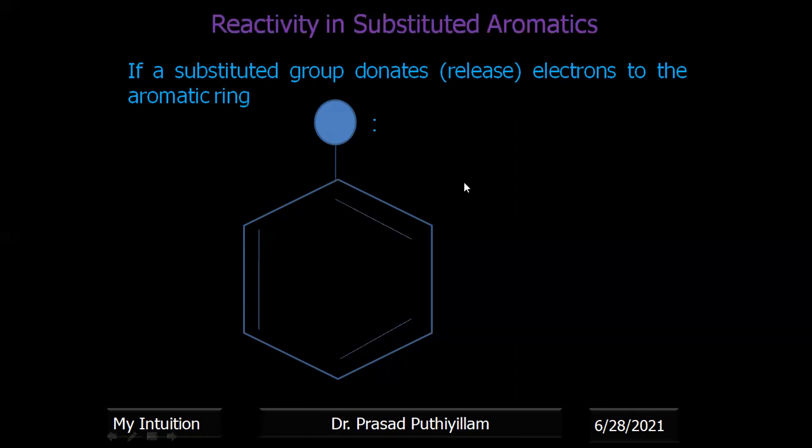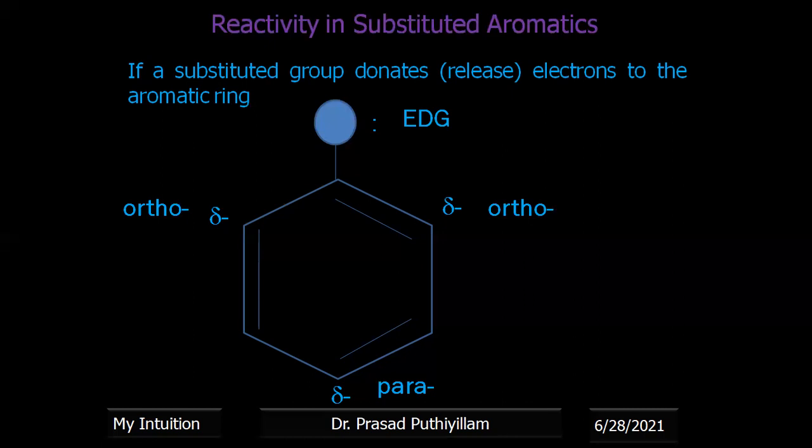Now this one you can call an electron donating group, EDG, and we know that the electron donating group will create a partial negative charge at the ortho position. We have two ortho positions. A partial negative charge is on the ortho position and even at the para position. This was explained in my basic organic chemistry class; please go through how the electrons move.